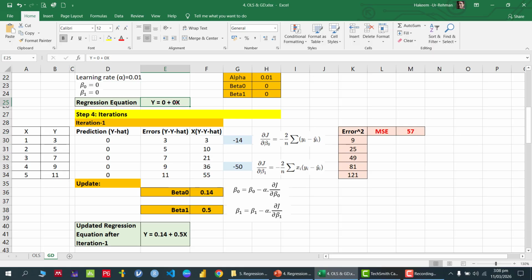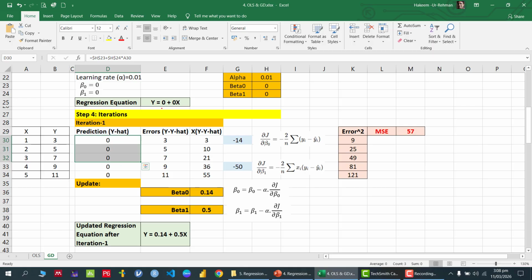Ultimately I need to calculate the gradient value with respect to beta naught and beta 1, so we need the y hat value. In order to calculate y hat, the formula is the initial beta naught value plus the initial beta 1 value multiplied by the first value of x. I am going to apply this formula for every x value.